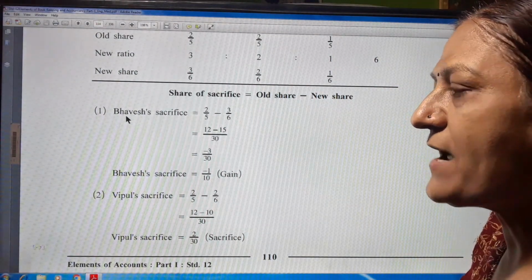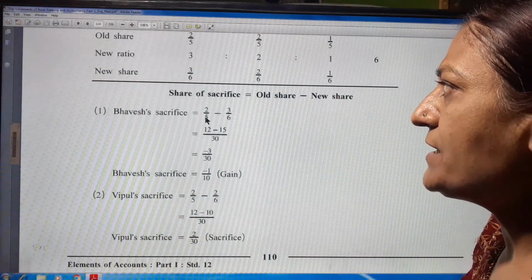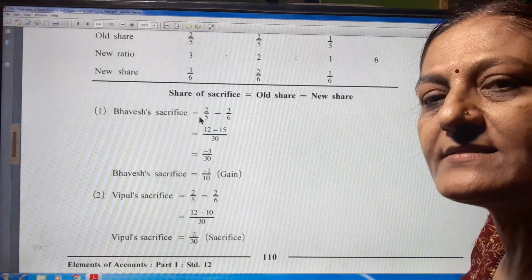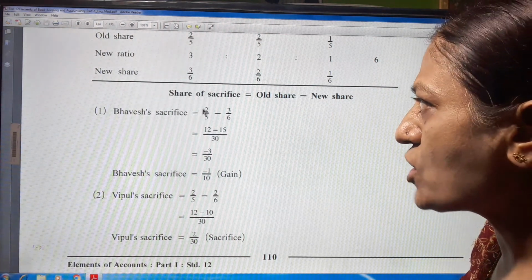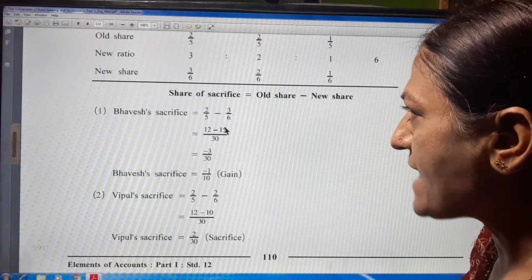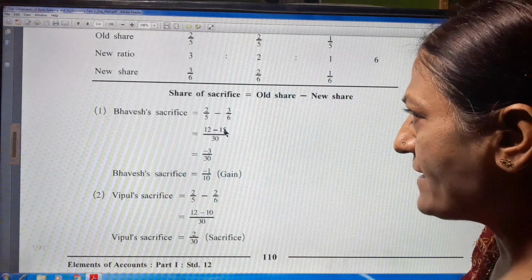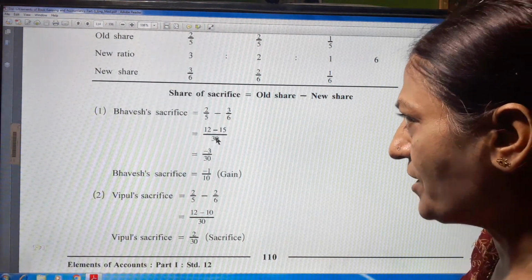Here, first we find Bhavesh's sacrifice: 2/5 minus 3/6. In the denominator 5 and 6 are there, so 5 times 6 is 30, the LCM. Now we do cross multiplication. 2 sixes are 12. 5 threes are 15. 12 minus 15 gives minus 3. And 5 times 6 is 30.